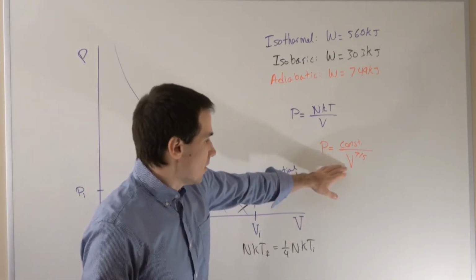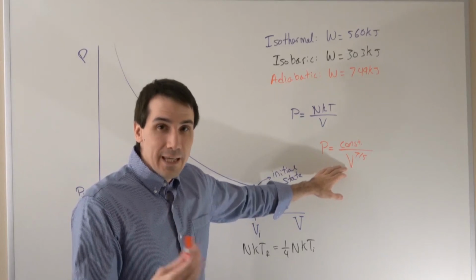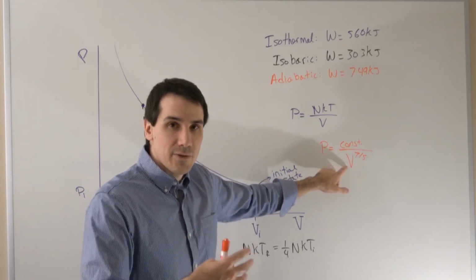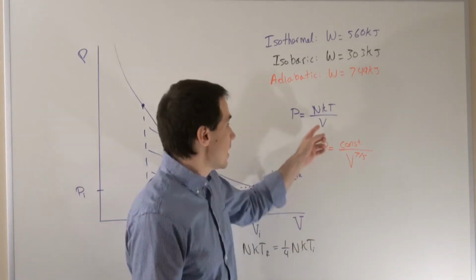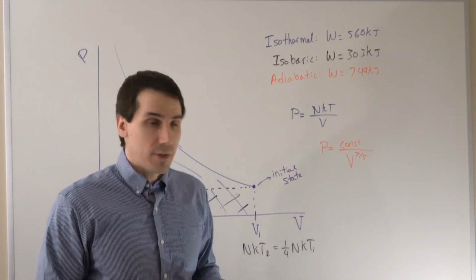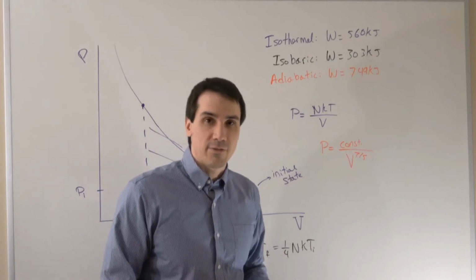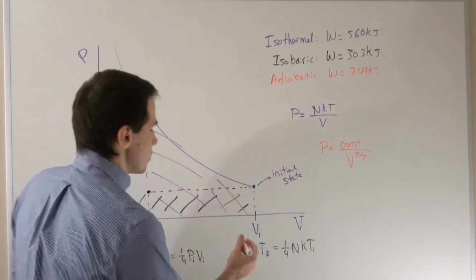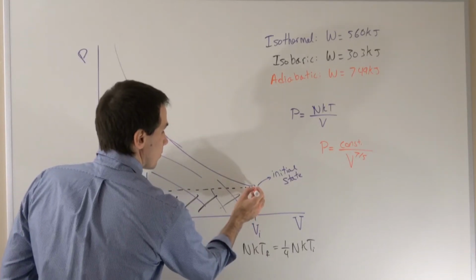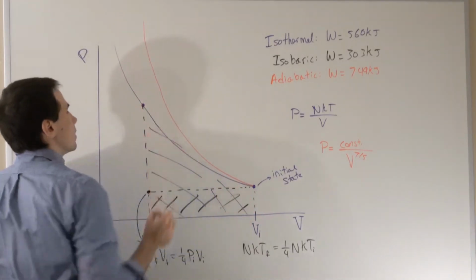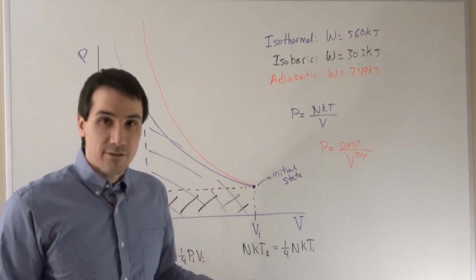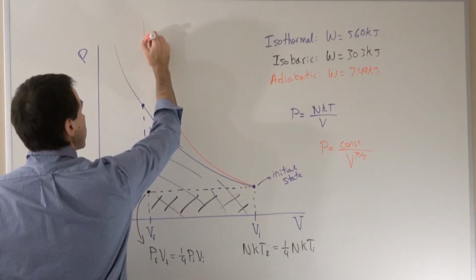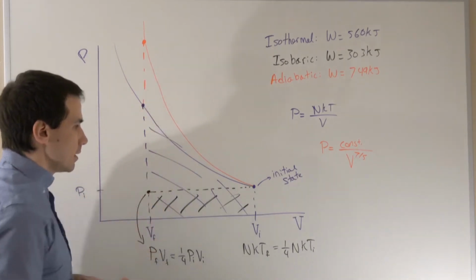So it looks like a 1 over volume kind of a thing, but the denominator is getting bigger faster than it is in the constant temperature case, because I'm raising my volume to the 7/5 power. So this means that we should expect pressure to rise more quickly with decreasing volume than it does in the constant temperature case. So we might end up here.